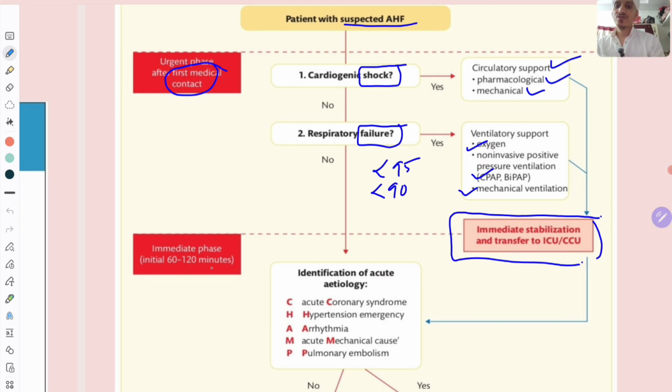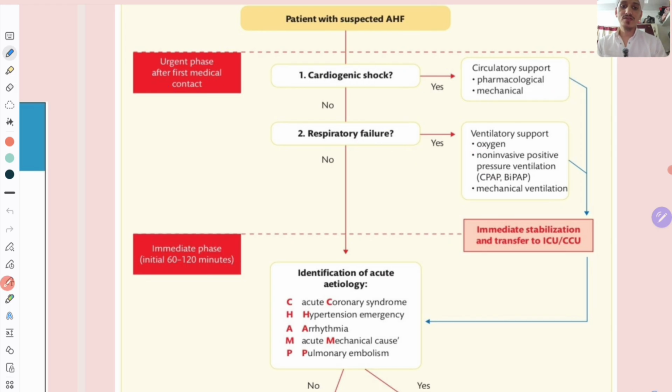Now in the ICU, in the immediate phase, that means in 1 to 2 hours, along with giving support, we also evaluate the etiology of the heart failure, what is causing the heart failure.